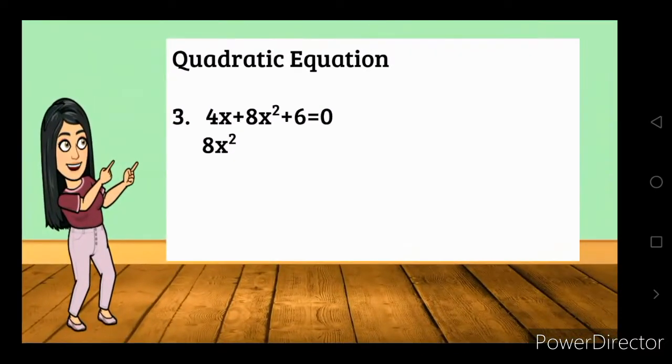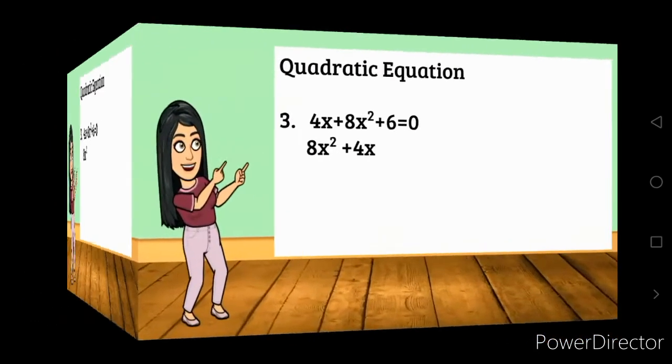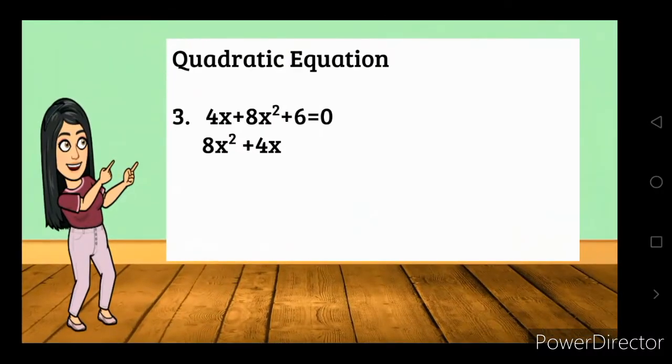Okay, let us proceed to number 3. We have 4x plus 8x squared plus 6 is equal to 0. The first term, the quadratic term, is 8x squared. Then the linear term is 4x, so that is why it is plus 4x.